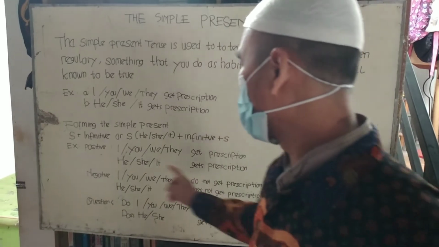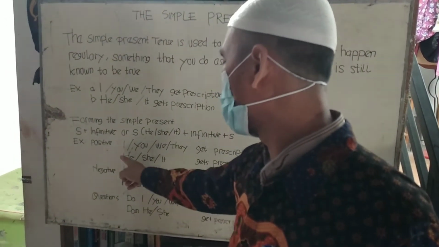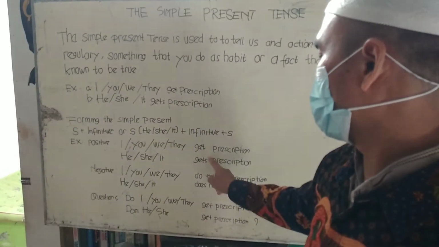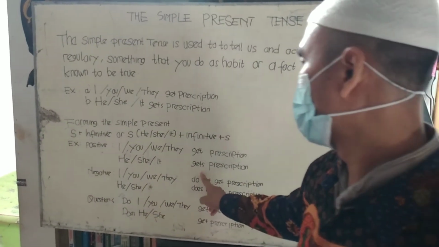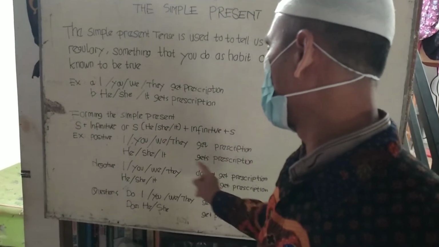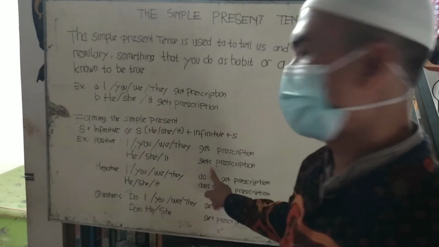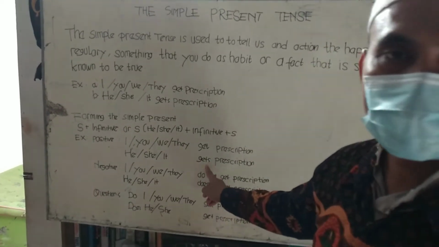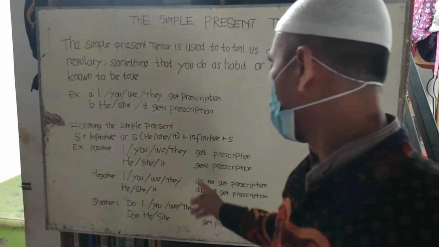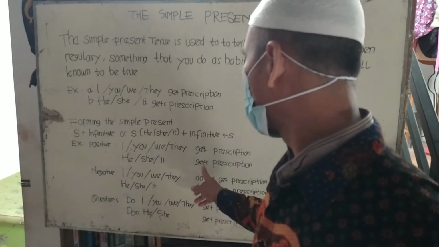And then if the subject is the third person singular, like he, she, or it, the verb must be added with s. For example, he gets prescription, she gets, and it gets. So you cannot say "he got." Got is verb 2. So you must use the first verb.